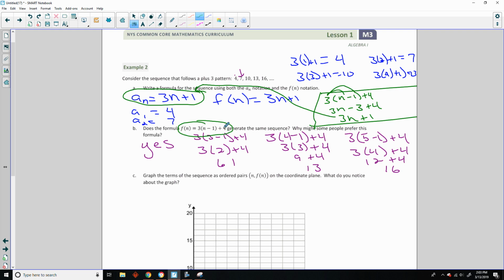And the reason some people might prefer this formula would be because the first term in the sequence is a term in the formula. So this plus 4 is your first term instead of plus 1.